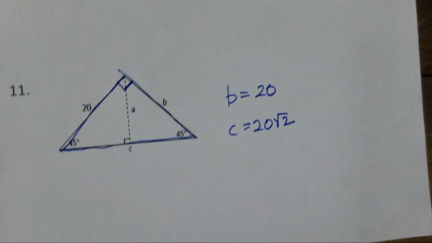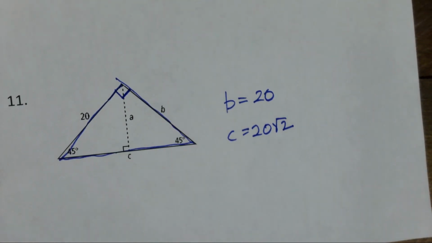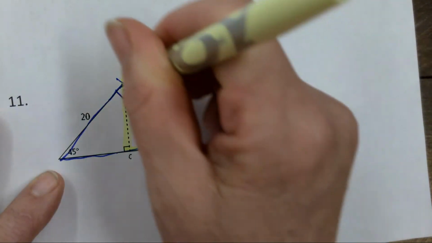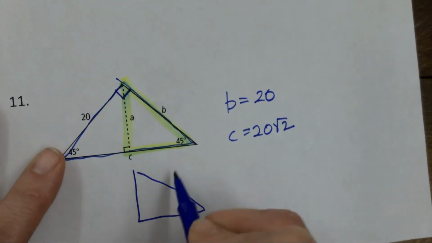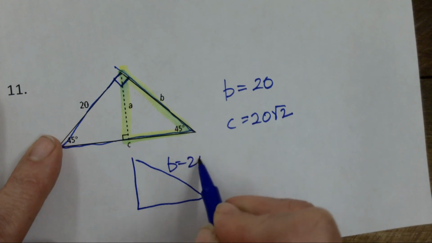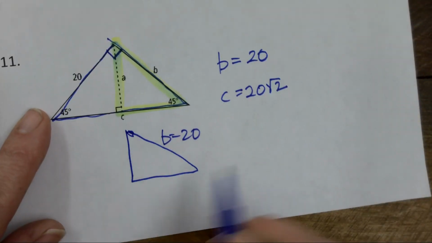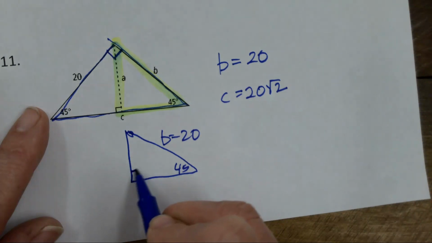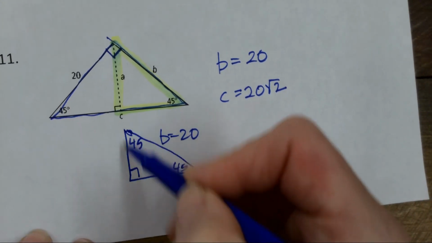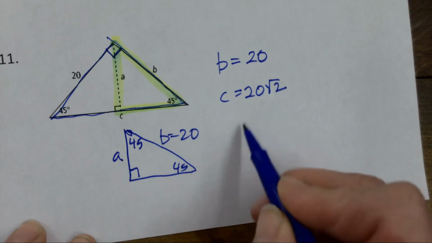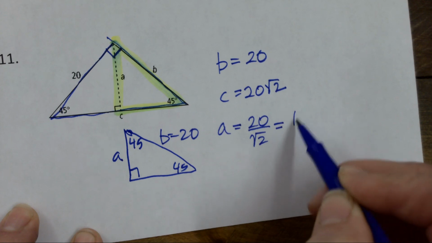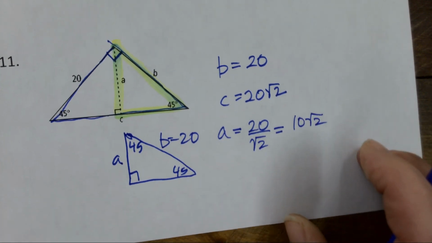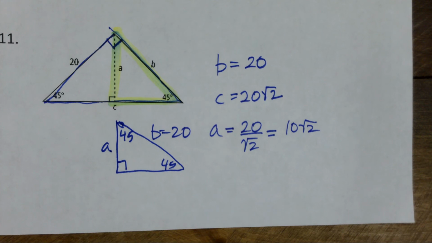However, if I'm looking at the little triangle here, I already know B as the hypotenuse. That was 20. And this is 45, and this is 90, and this is 45, then I can find A. So A would be 20 divided by the square root of 2, which simplifies down to 10 times the square root of 2, okay? So that should have been your final on those.